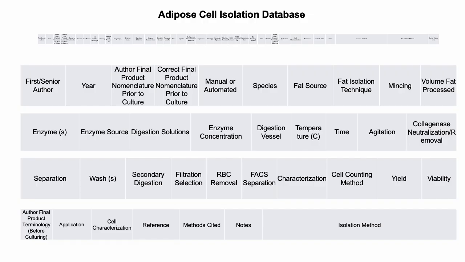In the database in my review, what I've been evaluating is all of the individual variabilities for the isolation and subsequent characterization of these cells. And in this database, I've been focusing on just this primary methodology for the isolation of the cells.